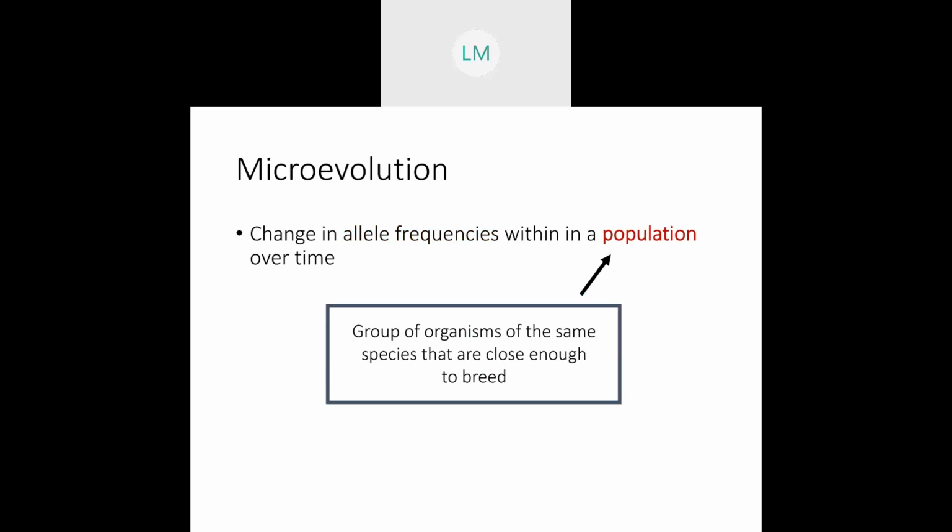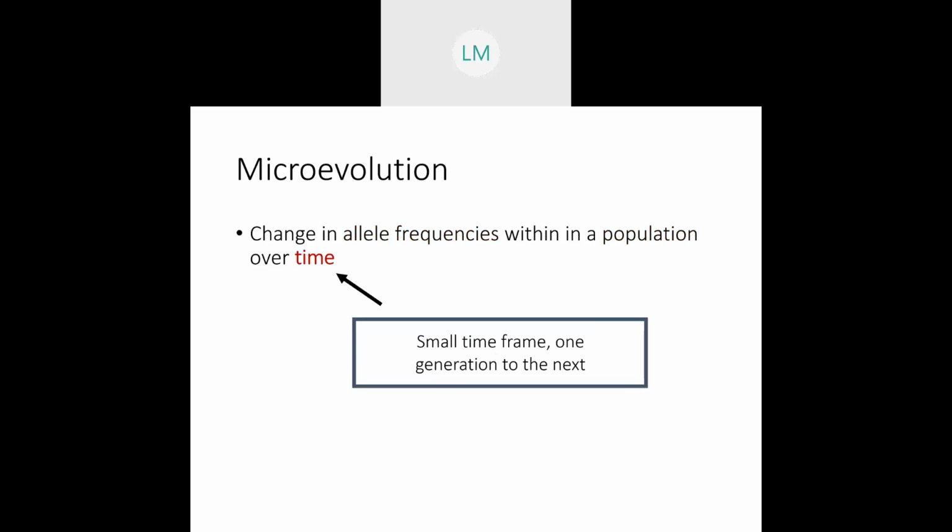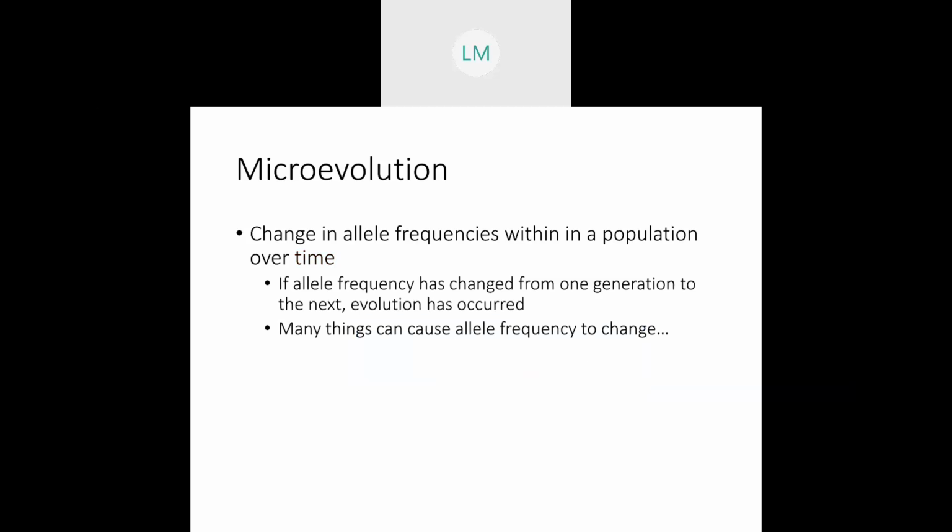So this is a population of one type of species. And over time, so this is a small time frame, one generation to the next. So when we talked about macroevolution, that was a really, really large time frame. And when we're talking about microevolution, we can really observe it just one generation to the next. So a change in allele frequencies in a population over time is what we're talking about when we're talking about microevolution.